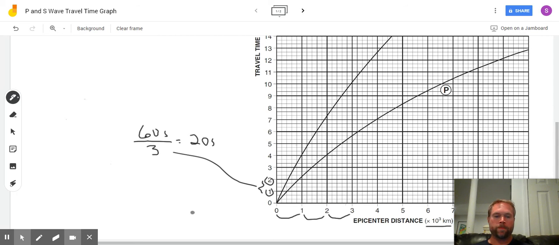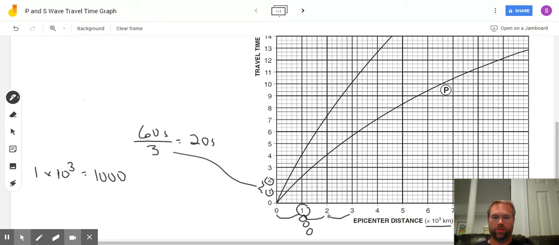So times 10 to the 3 is really the same thing as 1 times 10 to the 3, which is equal to 1,000. We're basically just adding 3 zeros to the 1. So really this 1 right here is 1,000.